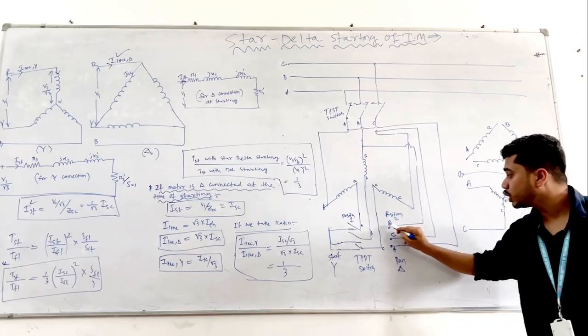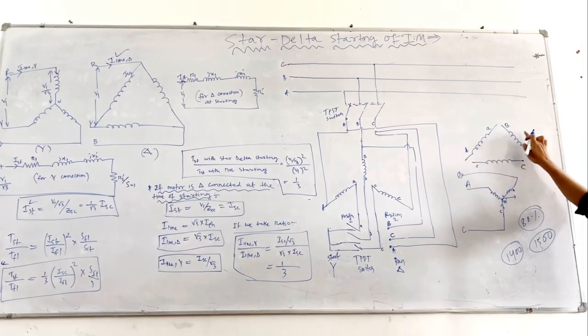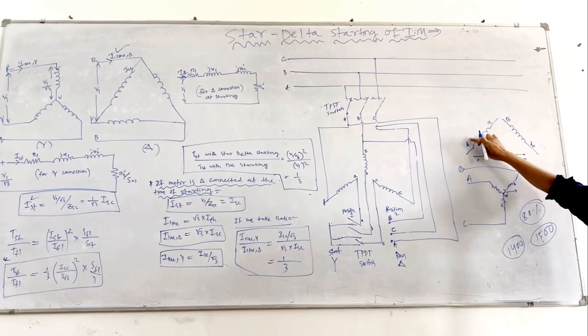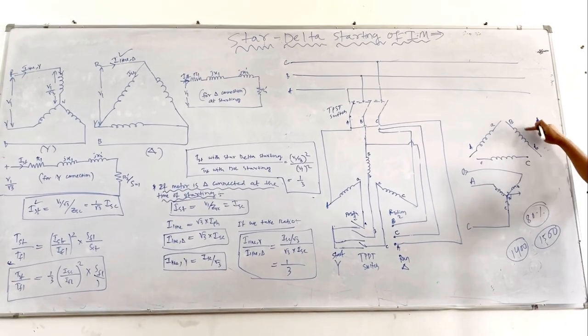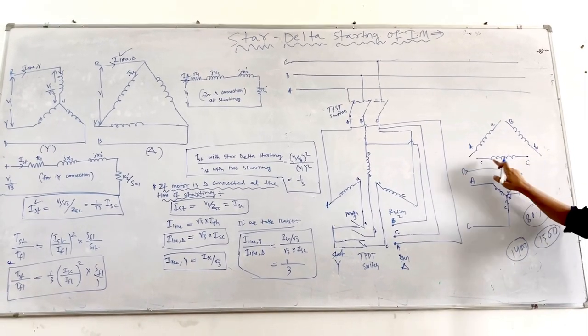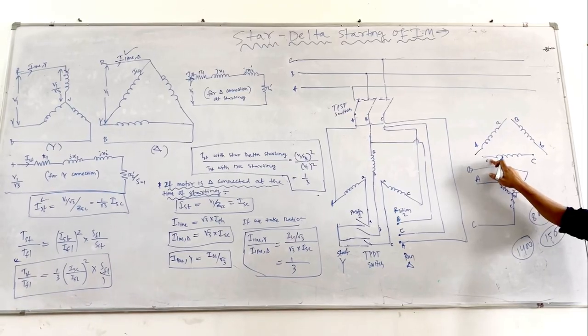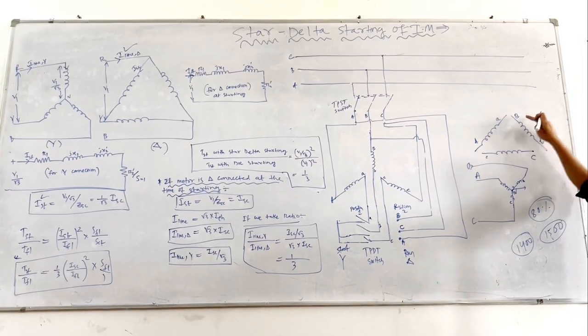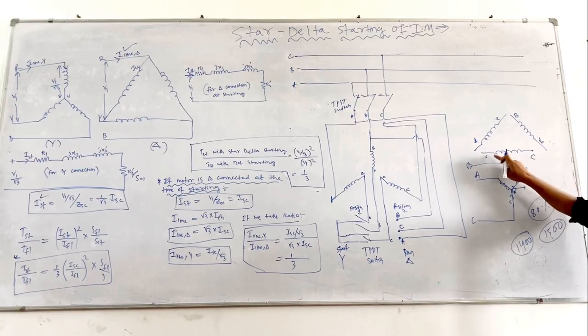Small a is connected to B. So listen, here I have 3 windings. Its terminal points are like this: capital A, small a, capital B, small b. This winding, capital C, small c. 3 windings, total 6 terminals, named capital A, small a, capital B, small b, capital C, small c.